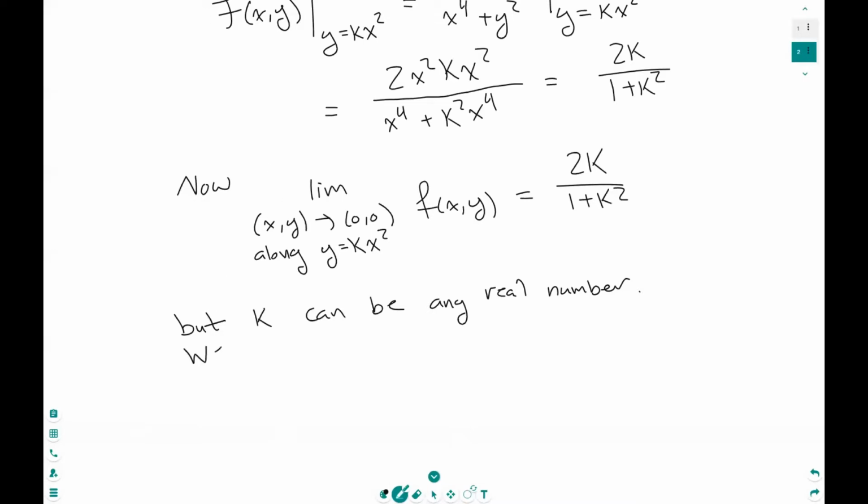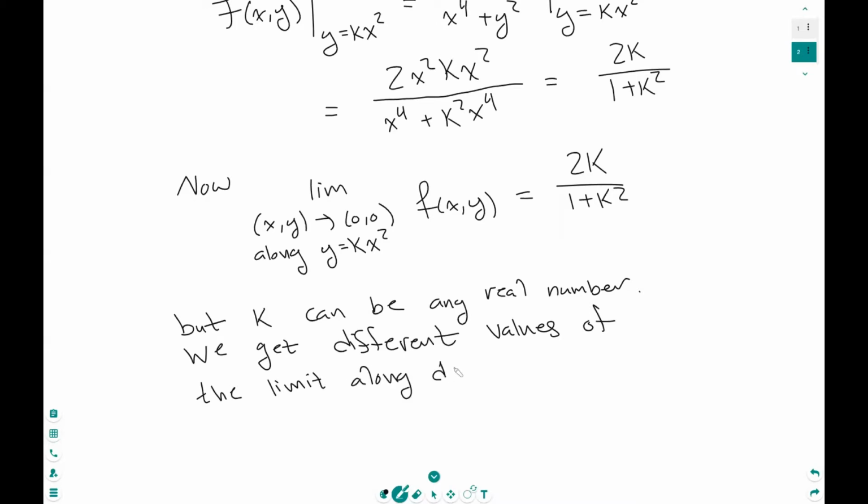So we get different values of the limit along different paths.